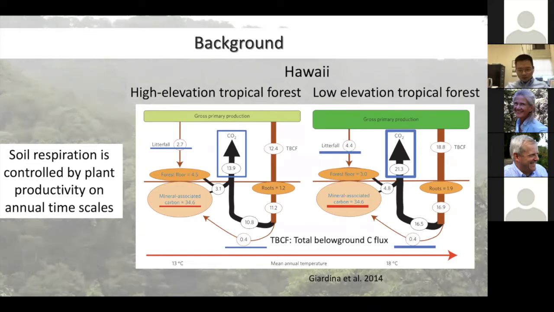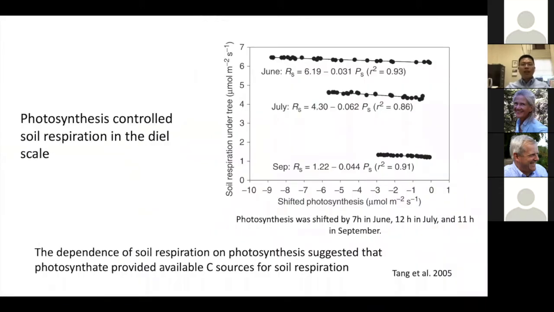And also on the daily scale, a study found that photosynthate controls soil respiration. Here is a study in California. The author measured soil respiration and photosynthesis in June, July, and September.